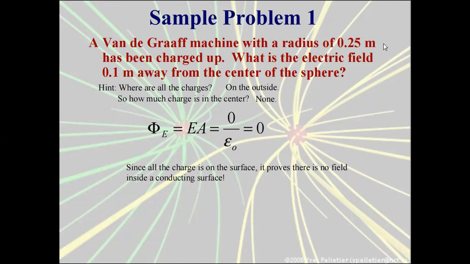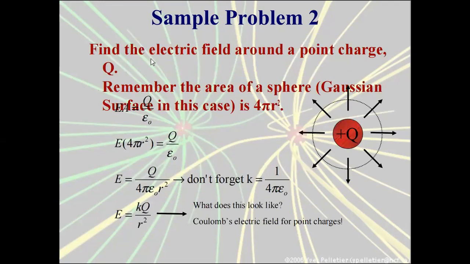Okay, this is a quiz for you. Sample problem 2: find the electric field around a point charge. Actually, this will be suitable for Coulomb's law. Remember, the area of the spherical Gaussian surface is 4 pi r square, and EA equals Q by epsilon naught. So total electric flux around the area, E times 4 pi r square, equals Q by epsilon naught.